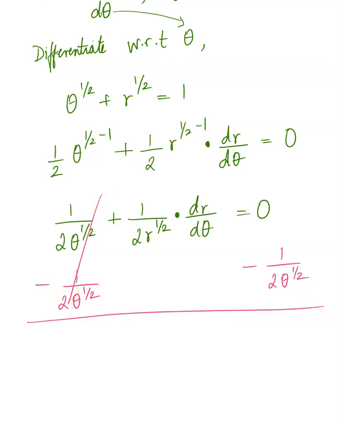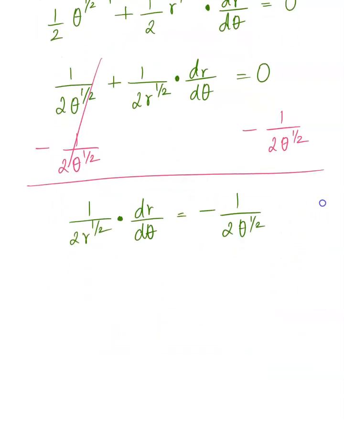That goes away. One last step. Of course, we have to clean up after that, but this means I have to get rid of this 1 over 2r power half on both sides.